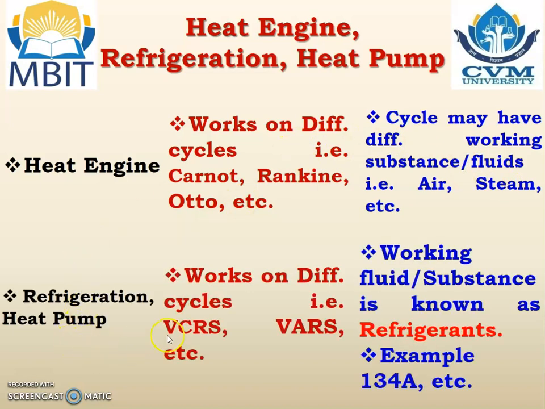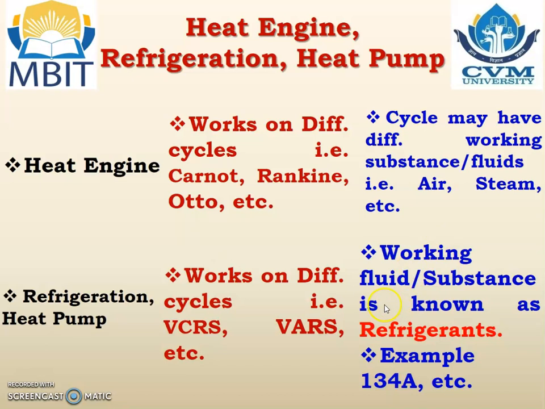So, cycles may have different working substances or working mediums. Refrigeration or heat pump also works on different cycles. Here it cannot be the Carnot or Rankine cycle. Here the cycle names are VCRS, that is the vapor compression refrigeration cycle or system, and the vapor absorption refrigeration system. So these are the cycles on which refrigeration or a heat pump works. And it also requires a working substance.